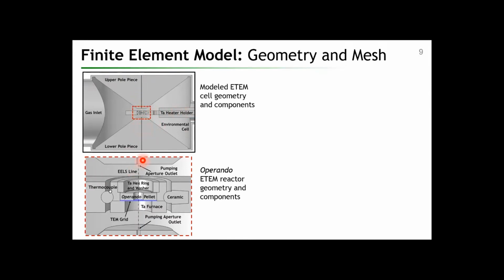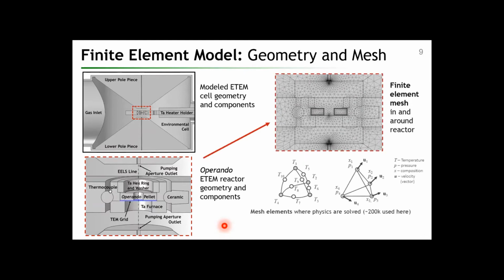In this red region, you can see a close-up view of the reactor itself. Here's the pellet, in blue is the TEM grid, and the EELS line, the optic axis, is that dashed line. To solve for the gas and temperature distributions and other properties of interest, we just subdivide this geometry into a mesh of finite elements and compute the solutions to physical equations along those elements.